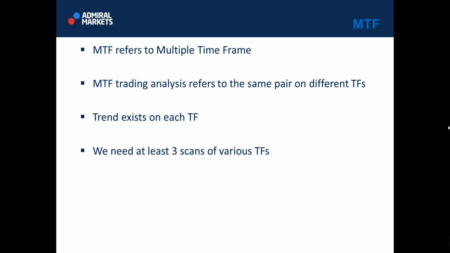That is perfectly fine because trend exists on each time frame, and we need at least 3 scans of various time frames. This is what this system does: it scans 3 different time frames, and when it captures the trend, it will give you a nice and precise entry. Okay.